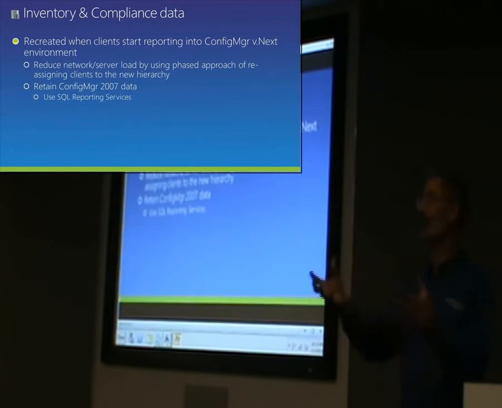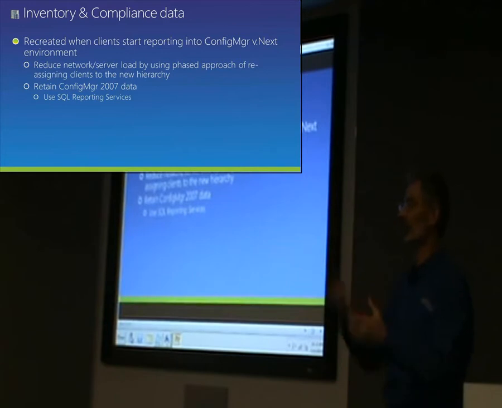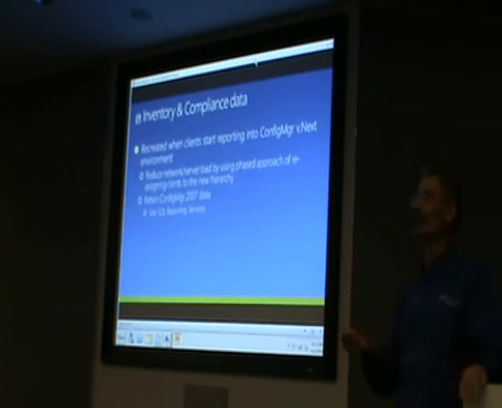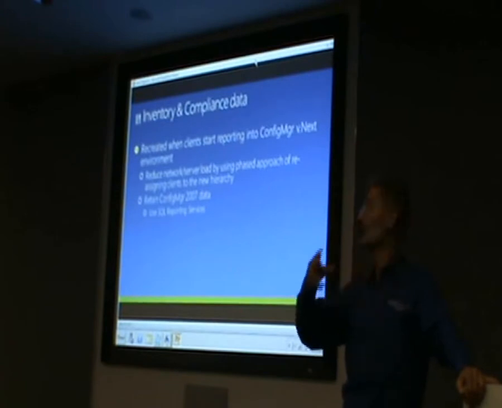It's a brand new client in a brand new site. It's going to recreate everything as the client gets installed. It's going to run hardware inventory, and it'll run the DCM and software update stuff that's going to get the policies for it. The last bullet where it says retain ConfigMgr 2007 data, what that means is if you want to retain your data in your ConfigMgr 2007 environment as you decommission it, one thing you can do is use SQL Reporting Services. It's our SRS implementation.